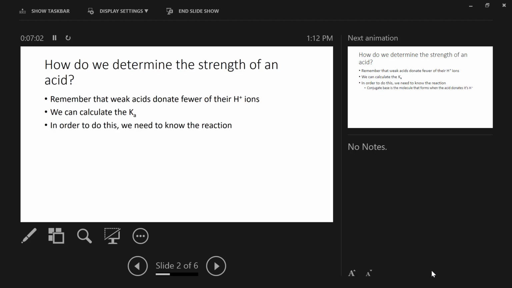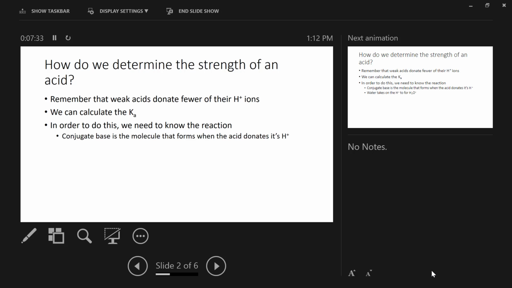So in order to do this, we need to know the reaction. In order to calculate the dissociation constant, we need to know the reaction. We need to be able to take an acid and know exactly what we're going to get when we put that acid into water. So we need to be able to come up with the reaction. Now, in order to do this, we need to know what the conjugate base is.